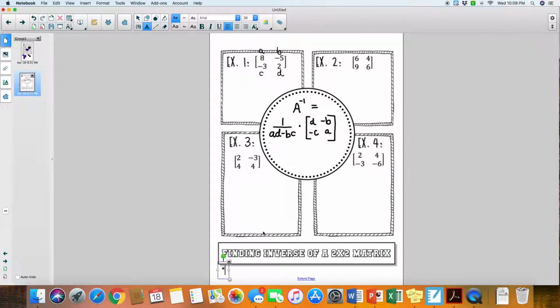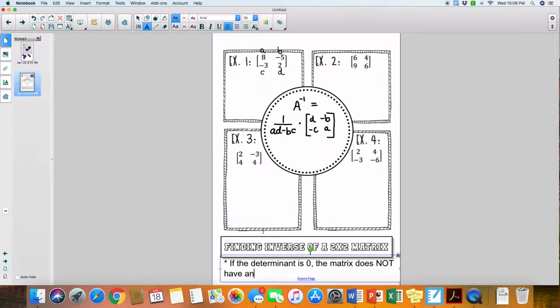Okay, the note that you need to make, I'm going to write it down here at the bottom. If the determinant is 0, the matrix does not have an inverse.